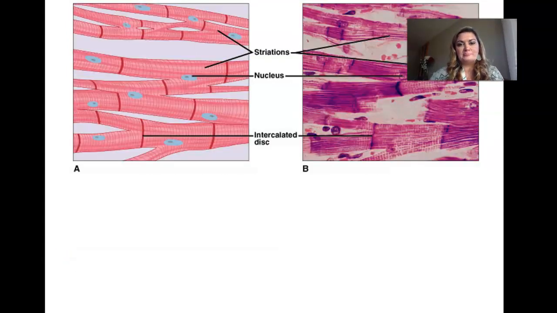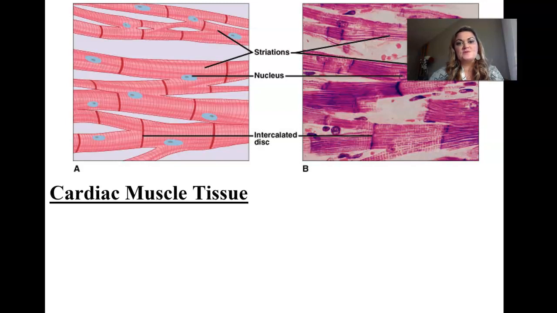And the last type. This is going to be your cardiac muscle, and it's going to look like the skeletal muscle, except it is a uninucleate, so there's only going to be one nucleus per cell. These branch, along with being cylindrical, they'll branch and go in different ways. They'll have a darker section that separates these cells.